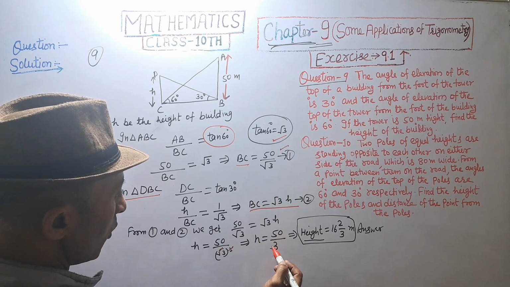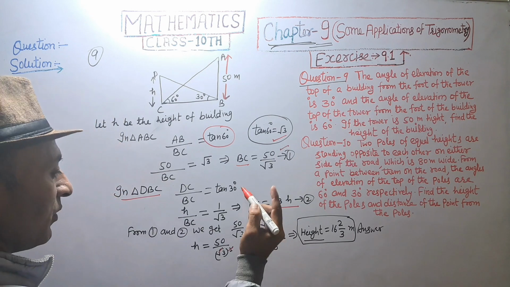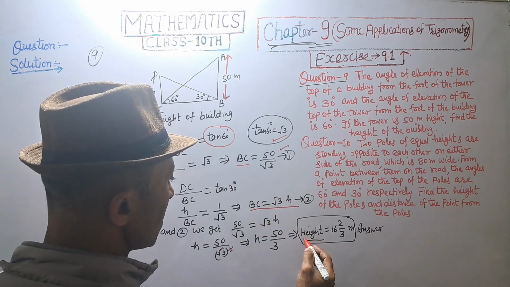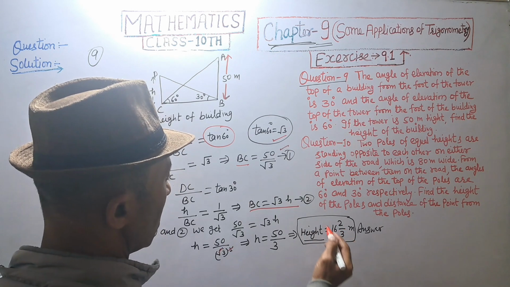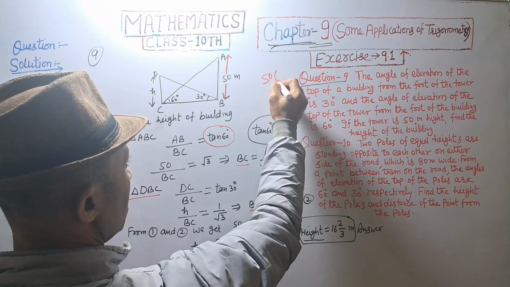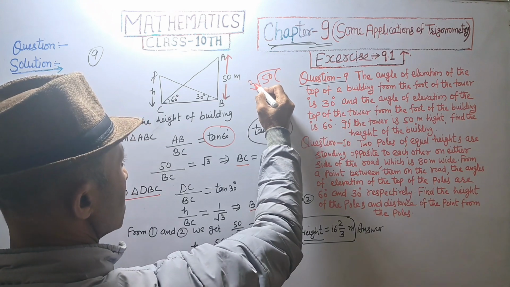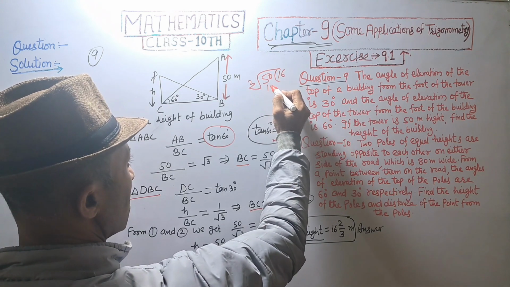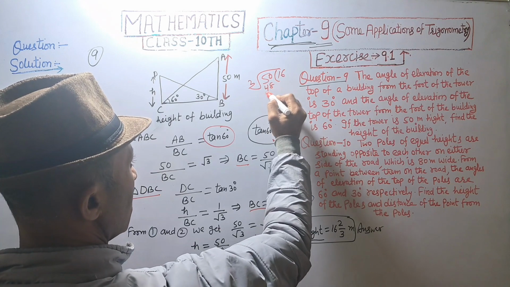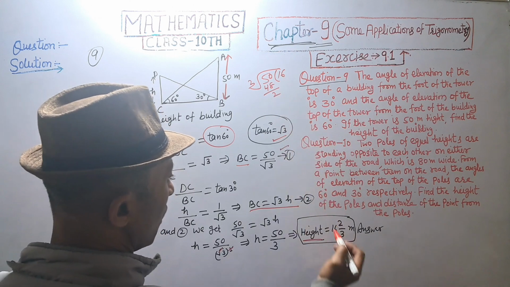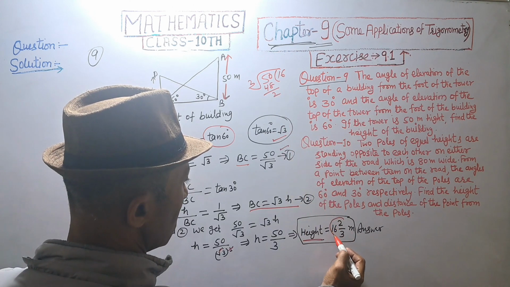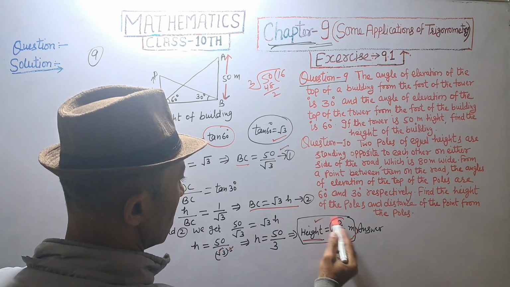H is equal to 50 upon 3, and in mixed fraction, the height is equal to 16 whole 2 upon 3. When 50 is divided by 3, 16 3s are 48, and 2 is the remainder. So the height is equal to 16 whole 2 upon 3 meters.